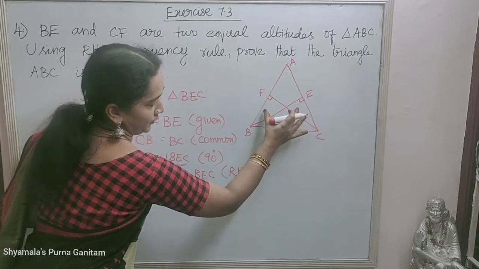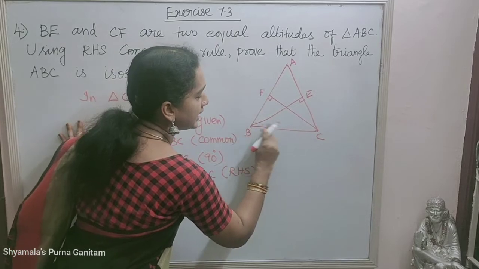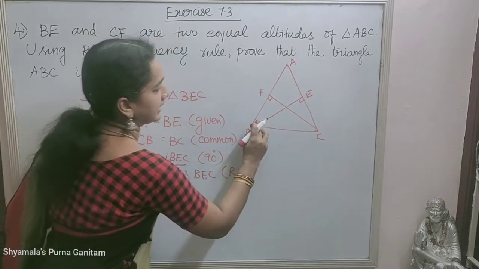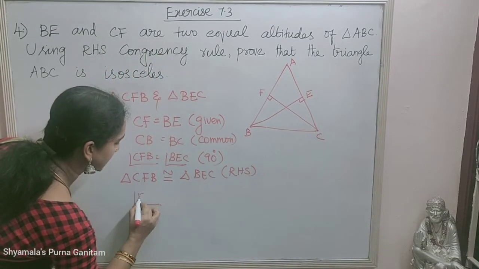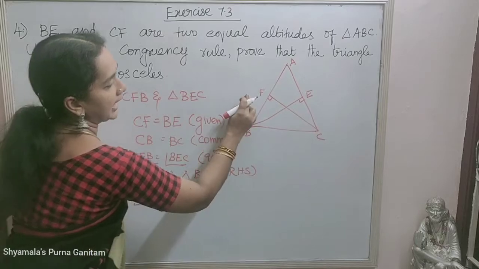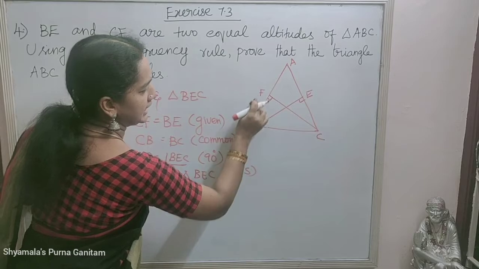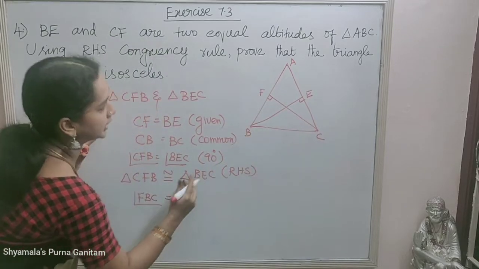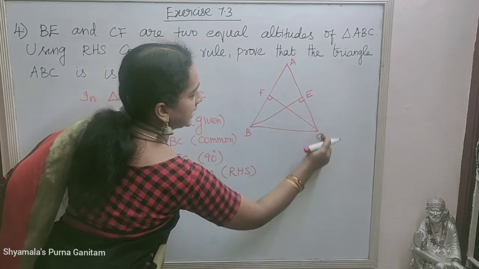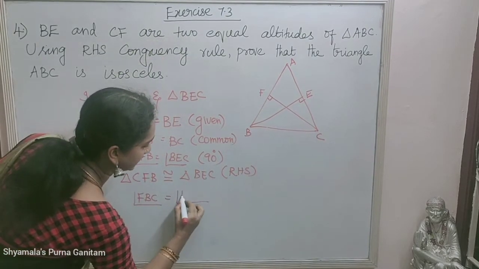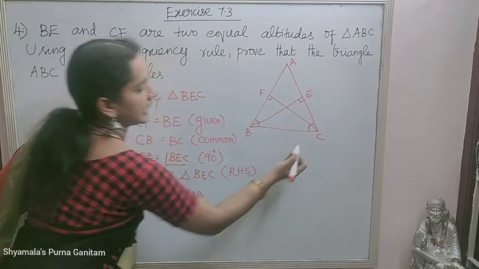Since these two triangles are congruent, we can say that angle B, that is FBC, in triangle CFB is equal to angle ECB in triangle BEC.